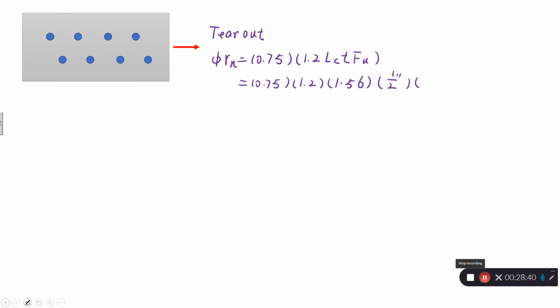And the gusset plate has higher strength, so the Fu for the gusset plate is 80. Okay, so we got 56.16 kips. And then you can determine the bearing capacity for the gusset plate. Bearing, okay, so I would like you to pause this video and calculate the bearing capacity for the gusset plate yourself and come back, check the result.